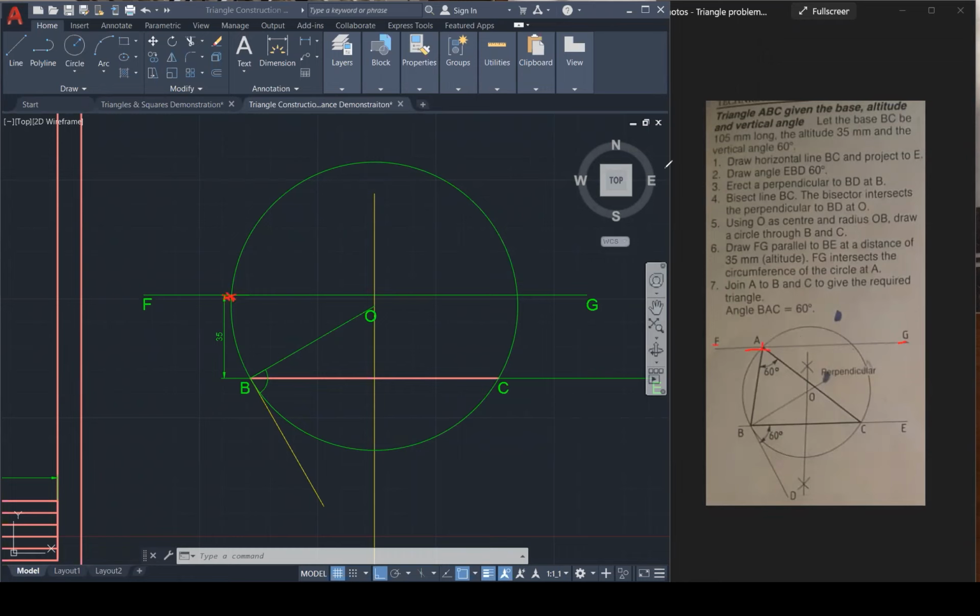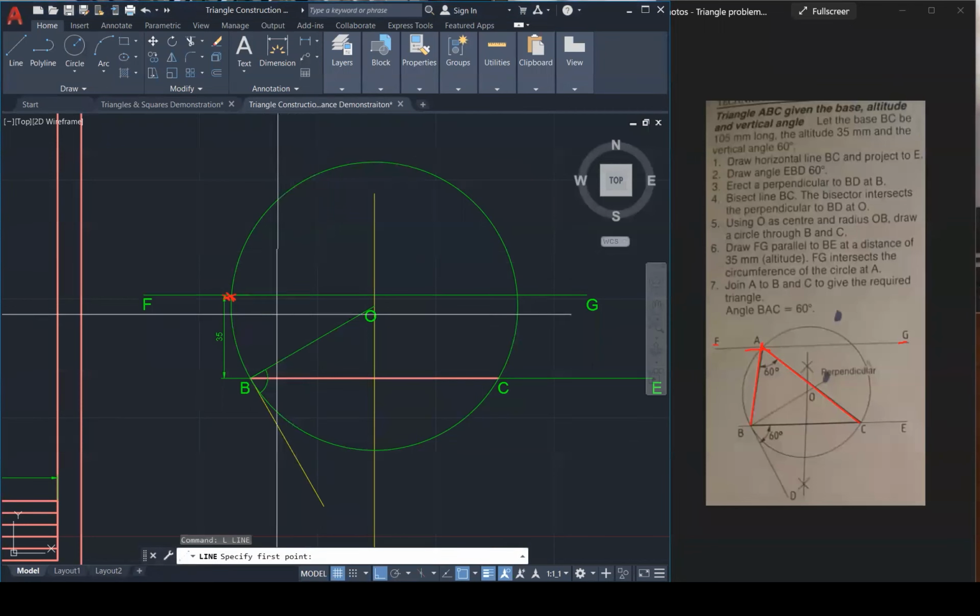Once I get to that point there, I could then draw a line to B. And once I get to that point, I can also draw a line to C, because I would then have the last point to make this triangle. So let's go.